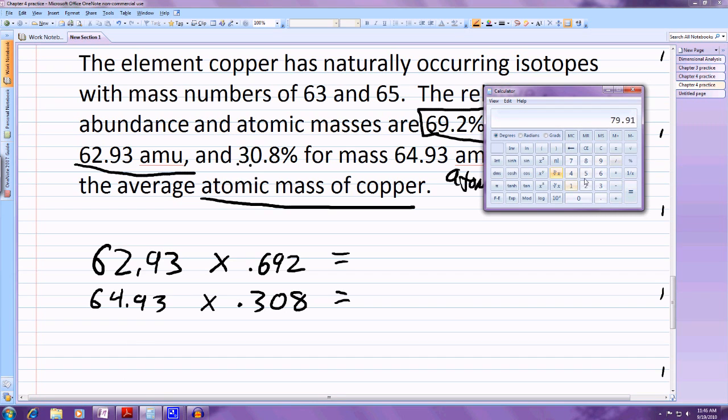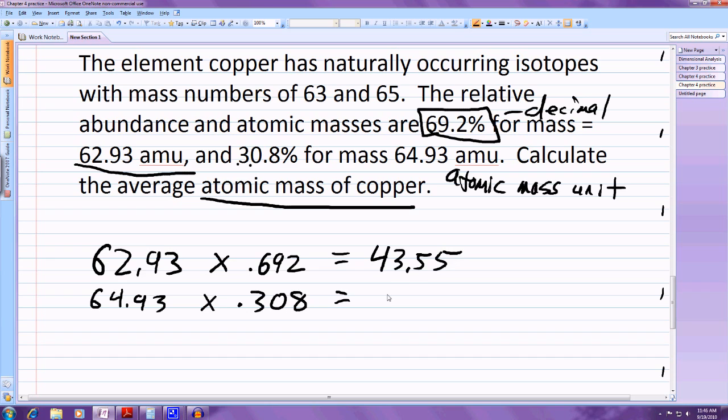Now we multiply these across. 62.93 times 0.692 gives us 43.547. The 7 rounds up the 5, so it'll be 43.55.